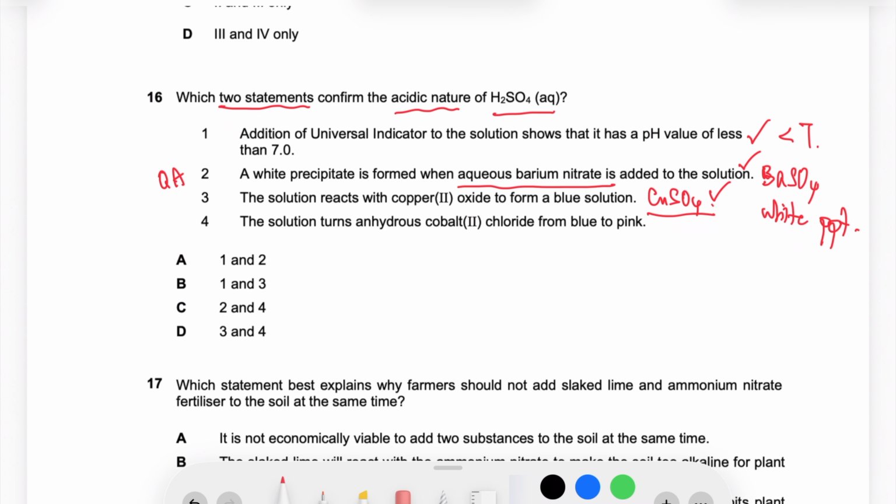Statement 4, the solution turns anhydrous cobalt(II) chloride from blue to pink. Let me see. This is actually to test for the presence of water.